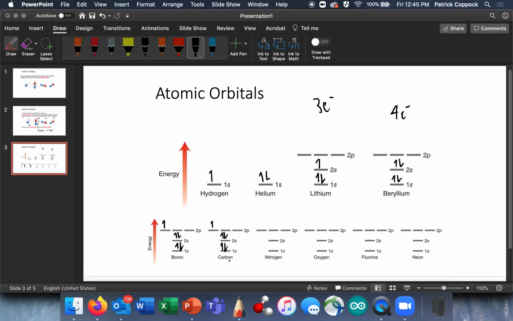So going back over here, you see these are all in the same energy level because this is energy, right? So each one of these guys is going to get 1 before any gets 2. So nitrogen's going to look like this. 1, 2, 3. Oxygen's got 1 more. So that's going to be the electronic configuration for oxygen. All right, and that is what we're going to need to know about atomic orbitals.